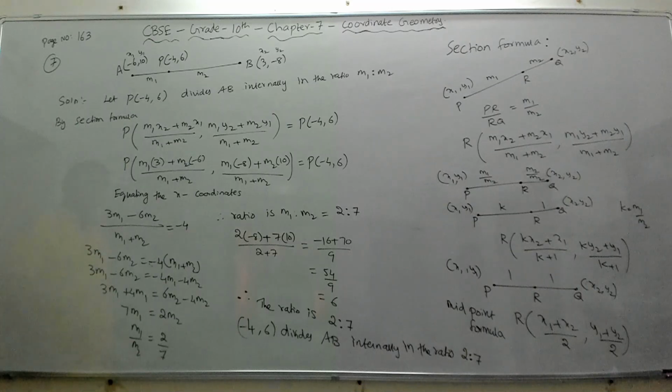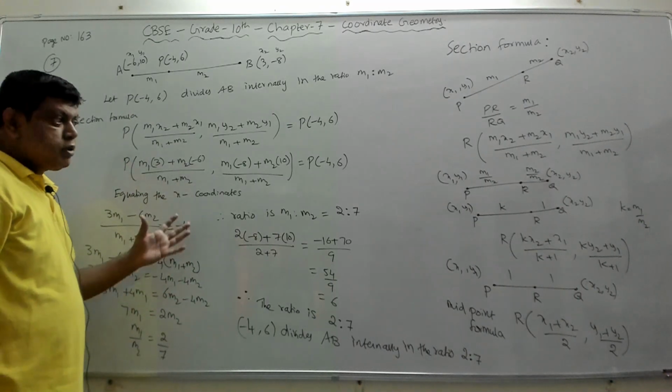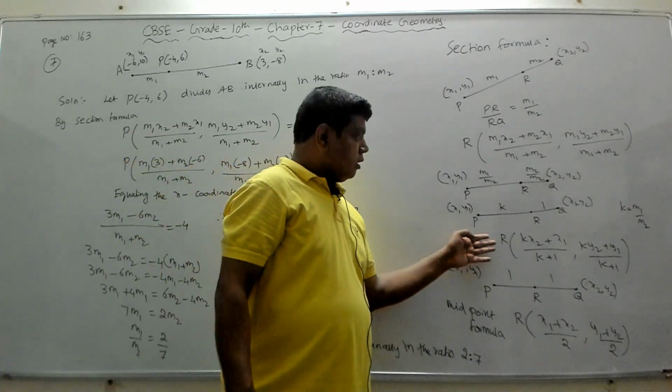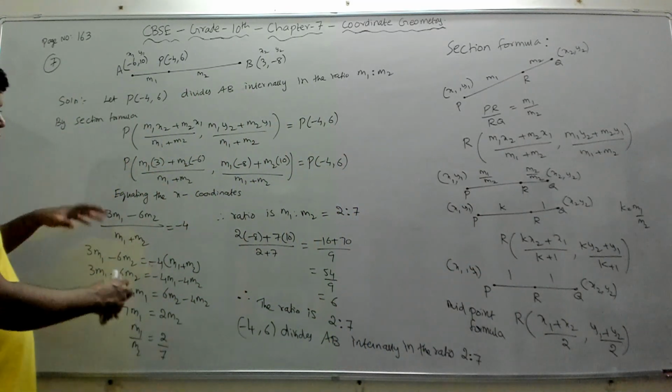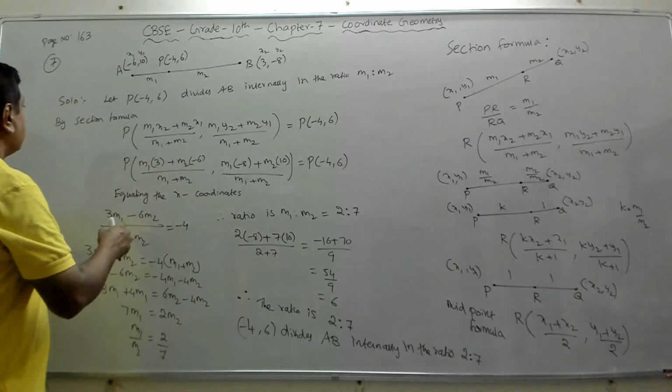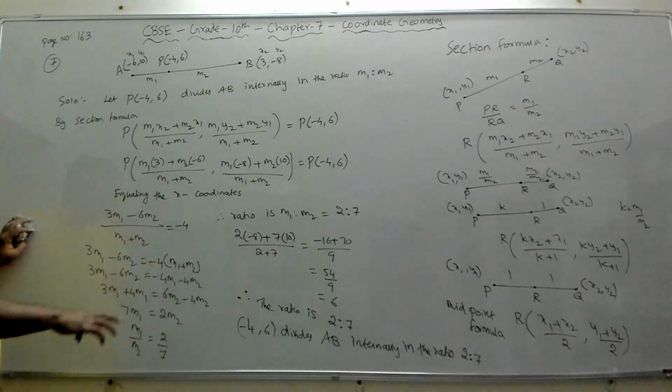Fine. The same thing can also be solved using this formula. I'll also explain how to solve this, one more way, another method. All of you can pause the video and take the notes.